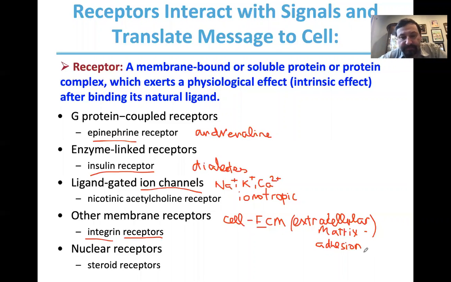So the cell doesn't really detach and go do its own thing.